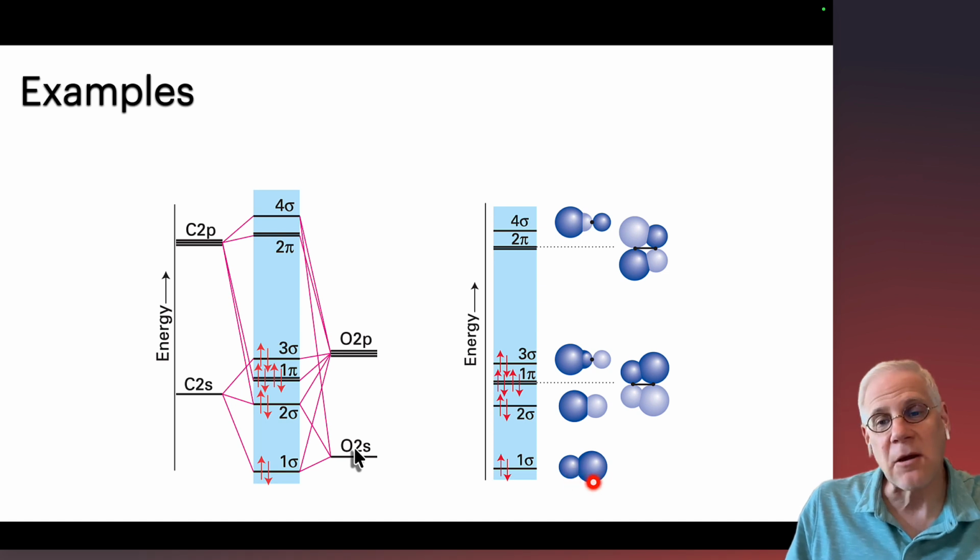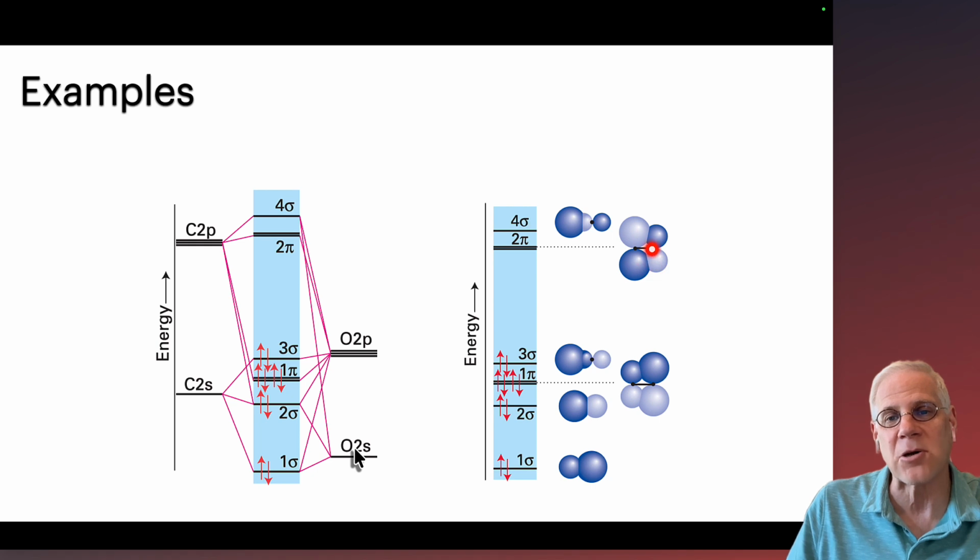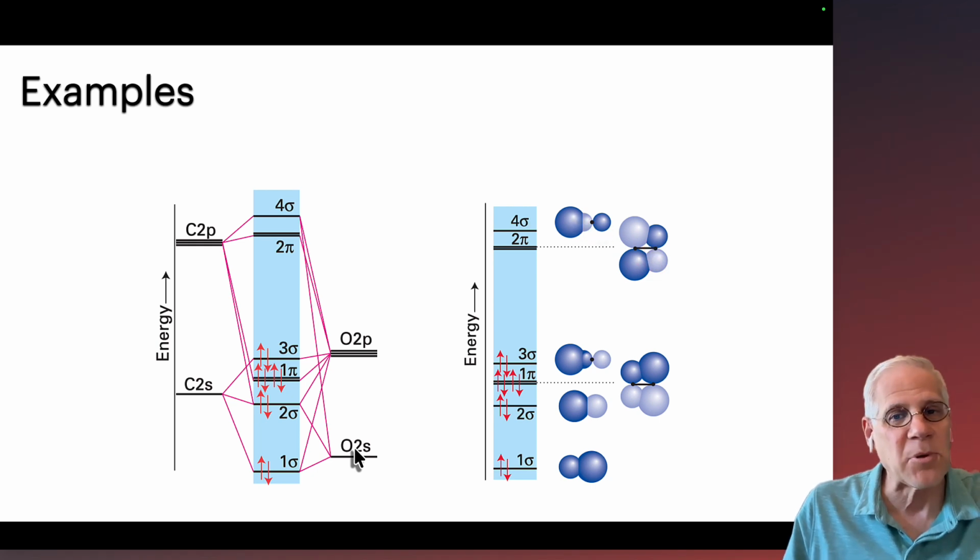But you can kind of see in this diagram that the 1 sigma is very heavy on the oxygen, the 2 sigma is heavier on the carbon, and the 3 sigma here, that's a p and s interacting together, much heavier on the s than on the p. Here you have your pi bond interactions. Up here you have your pi stars and your sigma stars as well.